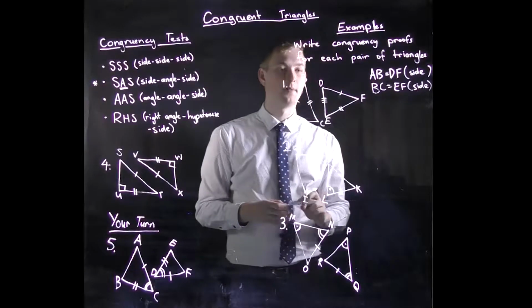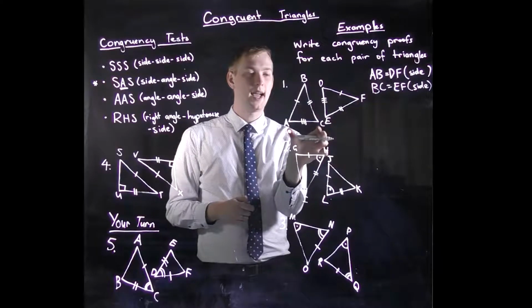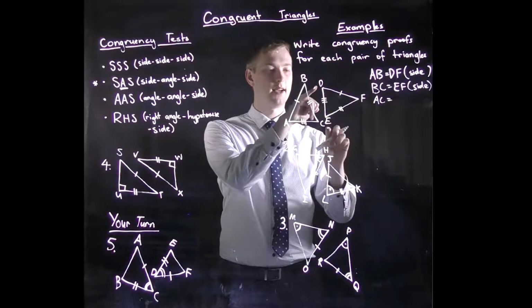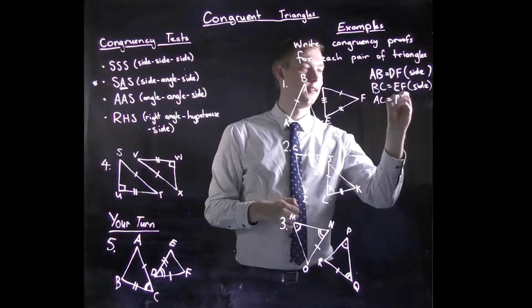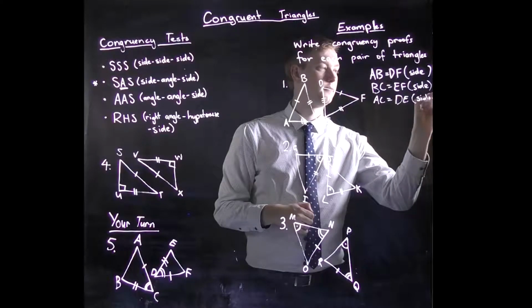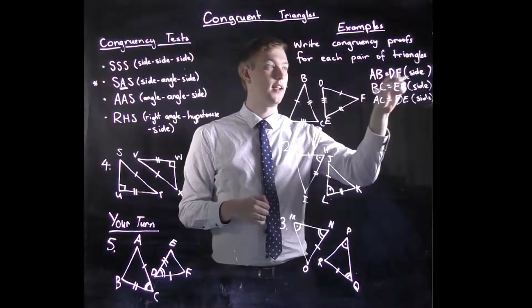So we write side again. Finally, we go AC is the final side, which matches with 3 with DE. That's a side. So now we have side, side, side.